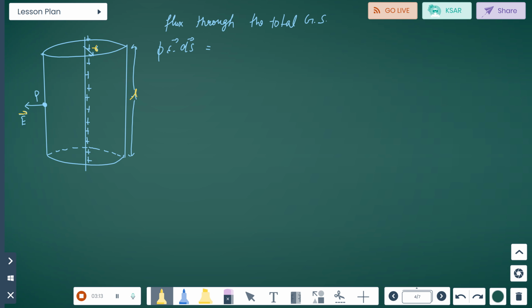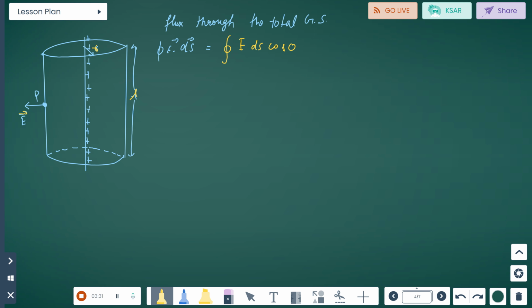Now electric flux through the total Gaussian surface, phi equals integral E dot ds equals E ds cos 0.